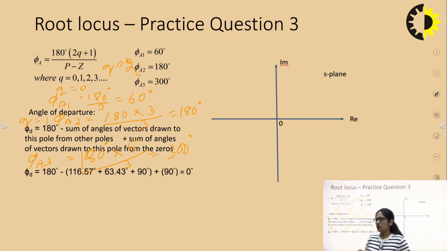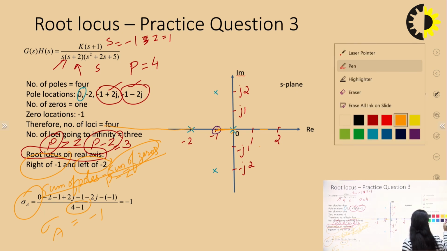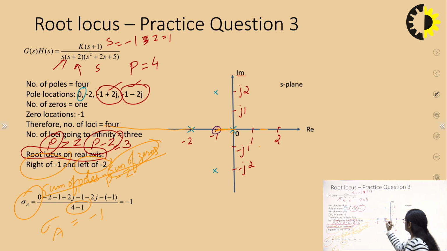So the angles of asymptotes are 60 degree, 180 degree and 300 degree, whereas the centroid is -1. So we'll draw the asymptotes. This is also the centroid, which is -1, and we have the 3 angles of asymptotes.